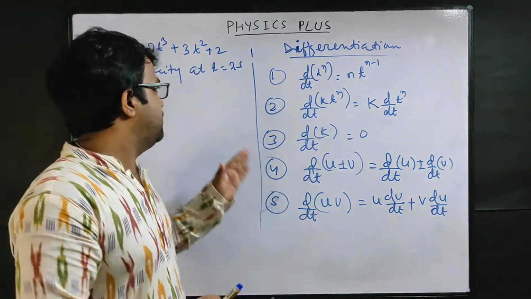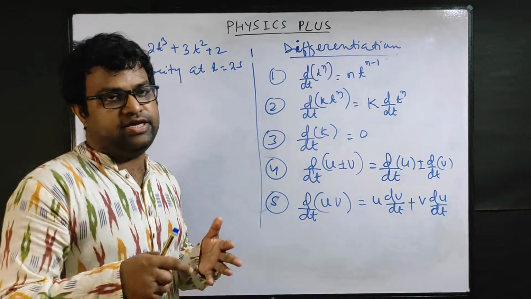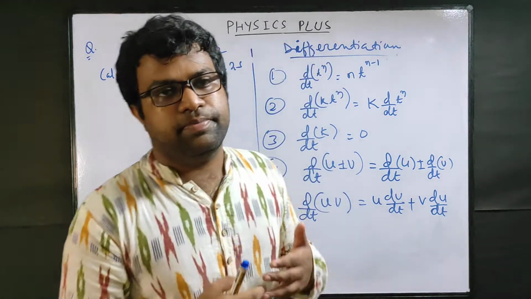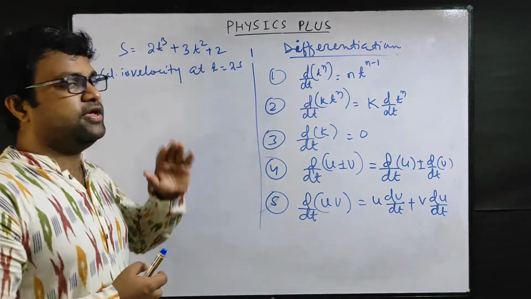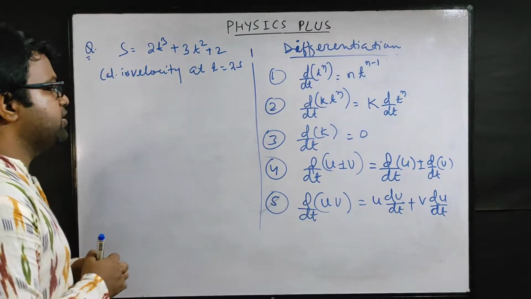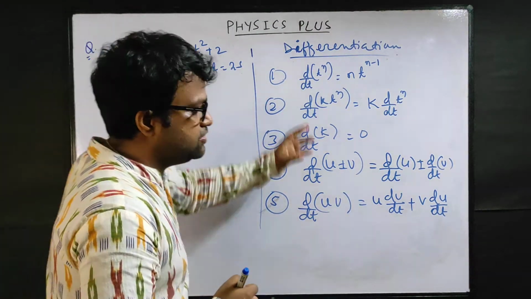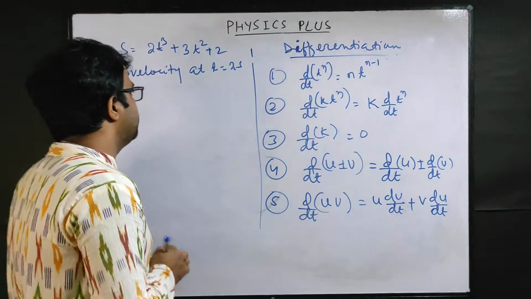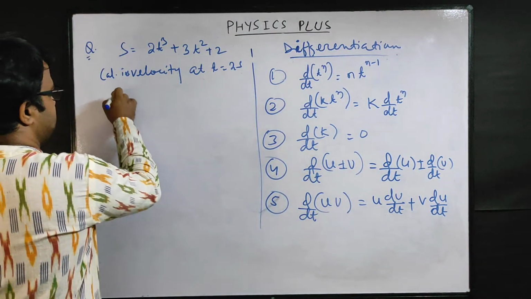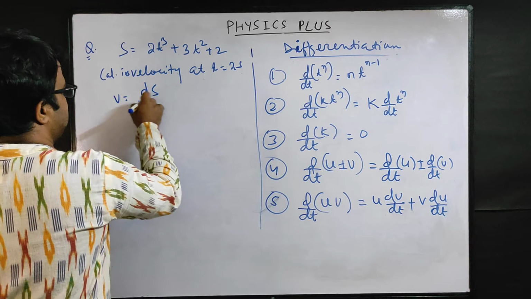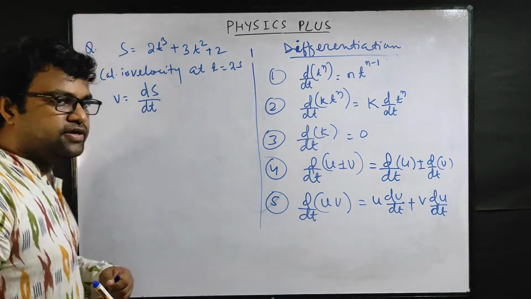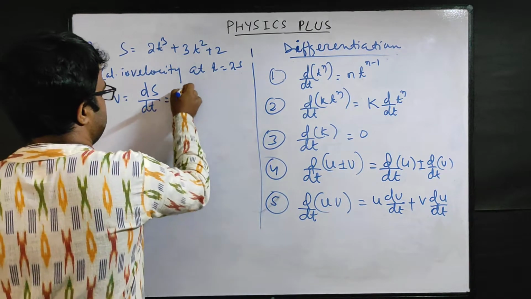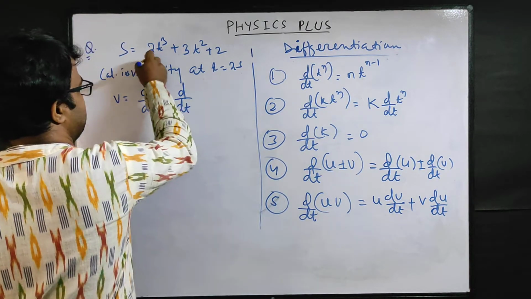S is a function of t. S is not a constant here. It's not a number here. S is a function of t. So we will not be able to directly divide it. So we will use this differentiation method to calculate the velocity here. So let's say your v is equal to, we know that differentiation, ds by dt. V is equal to ds by dt. So d by dt of s is this given one.